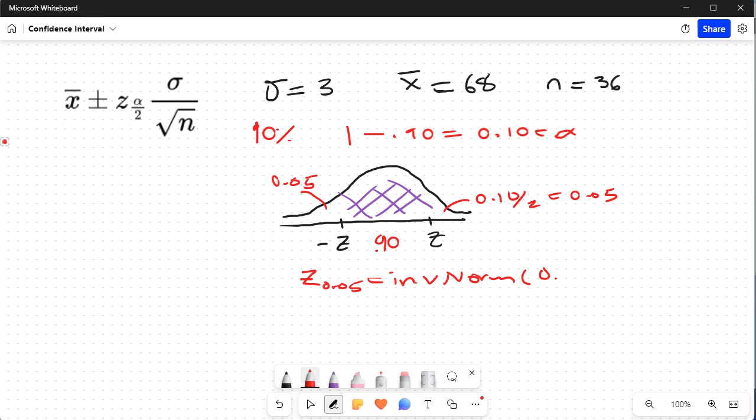So 0.9 plus 0.05 is equal to 0.95. But what is the mean going to be? The mean is going to be 0, and the standard deviation is going to be 1.